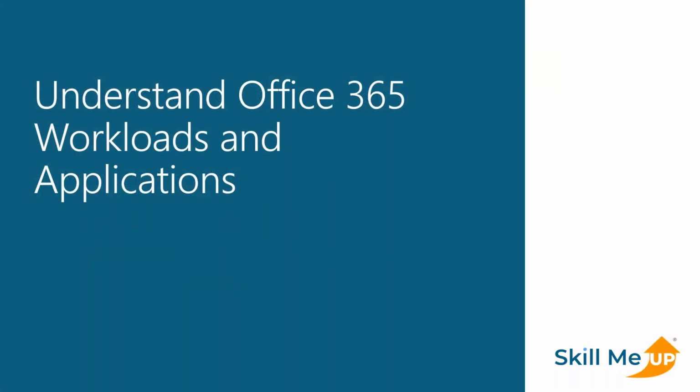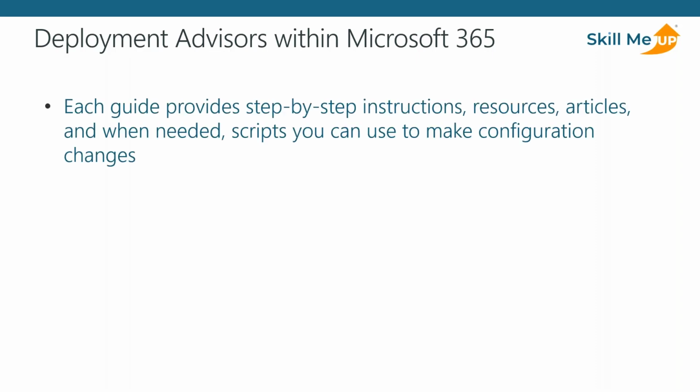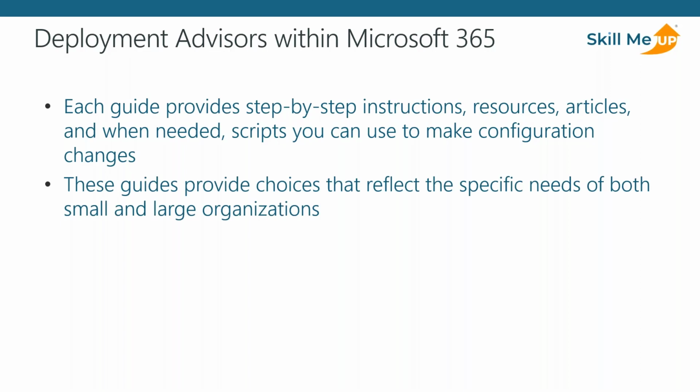Okay, so let's look at one of our last areas for the exam, which is Office 365 workloads and applications. So Microsoft 365 and Office 365 provide deployment advisors or setup guides. Each guide provides step-by-step instructions, resources, articles, and often when needed, scripts that you can use to modify the configuration. These guides provide choices that reflect the specific needs for different sizes of organization.